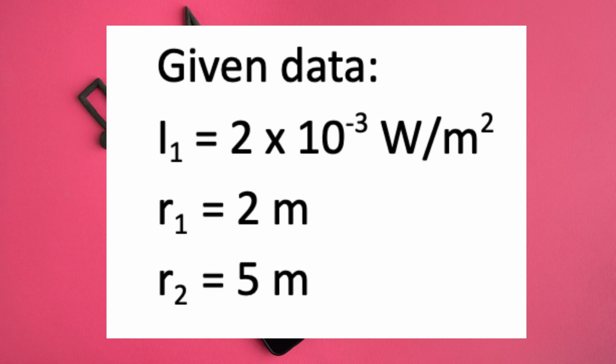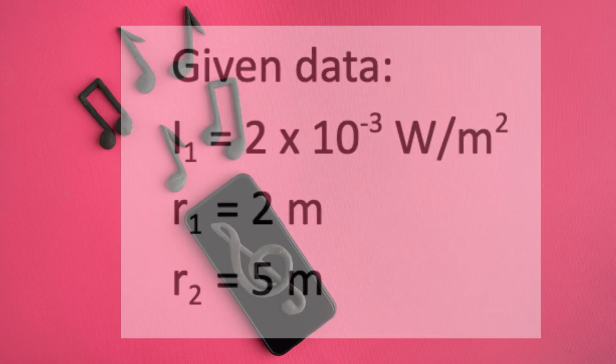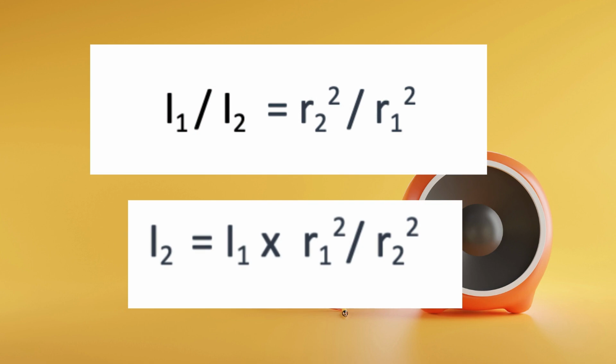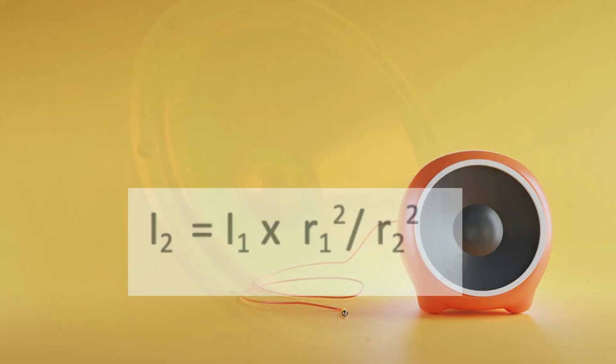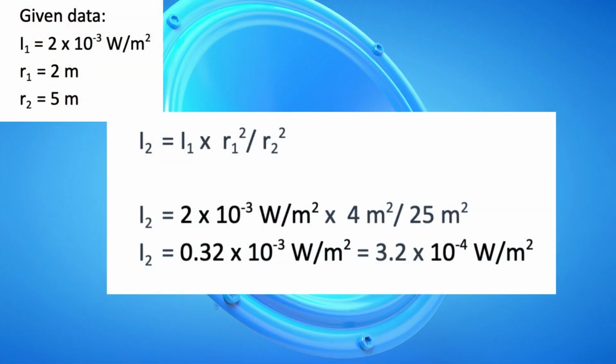R1 is 2 meters and R2 is 5 meters. So we can write I2 equals I1 times R1 squared divided by R2 squared. Now plugging in the values of I1, R1 and R2, we get I2 equals 3.2 times 10 to the negative 4 watts per square meter.